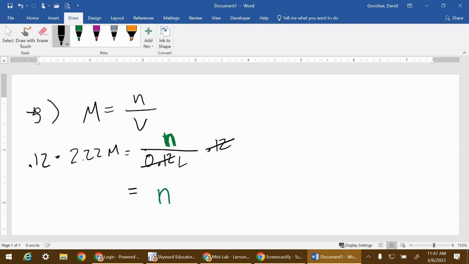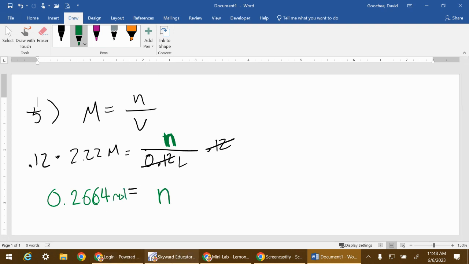Now again, these numbers might be different for you, depending on how much sugar you added. This number will be different, but this number should probably be the same because we were all working with the same syrup, times 2.22. So what we got here is that there were, in this solution, 0.2664 moles of sugar.